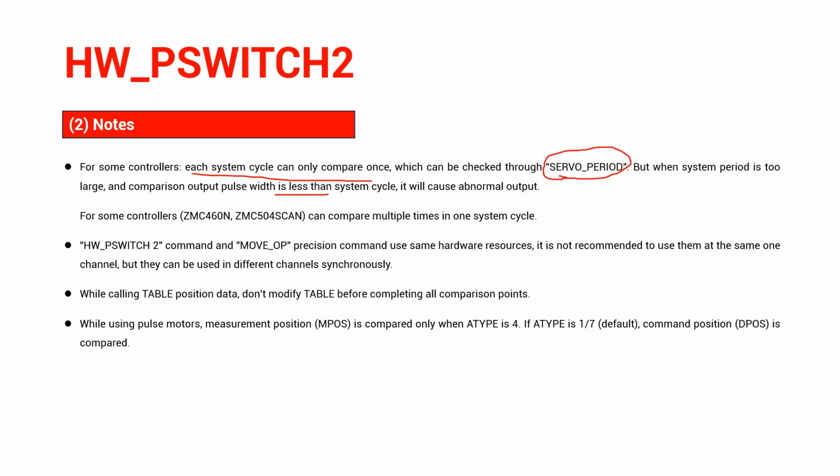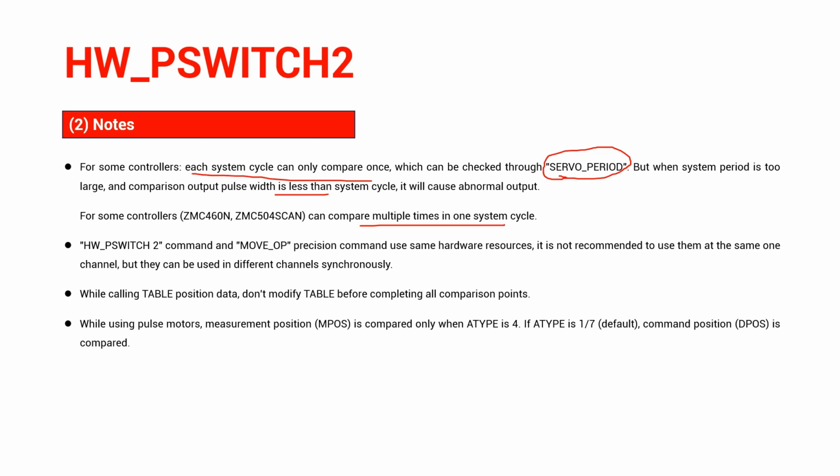If encountering wrong output, check whether pulse width is too small. One comparison is not for all controllers. Some support several times. In fact, it indicates several OP ports all support PSO function, and then can output PSO comparison signals in one system period at the same time.